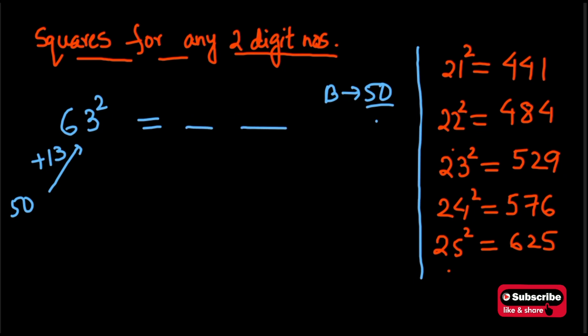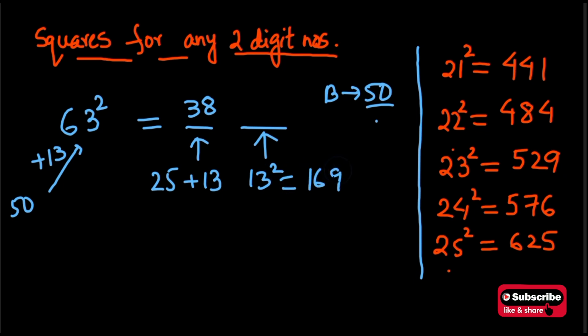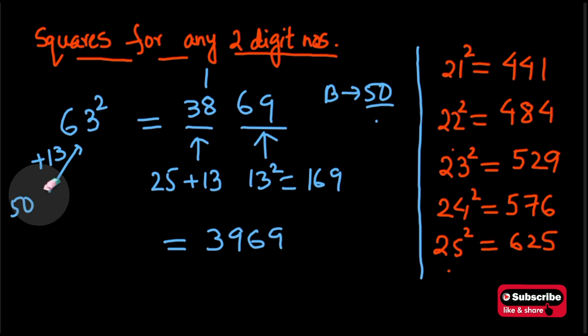It will be a 4-digit number. So we calculate the key number 25 plus 13, so it will be 38, and the last part will be 13 square. 13 square is 169, so 1 will be written there, and 69 will be here. So the answer is 3969.